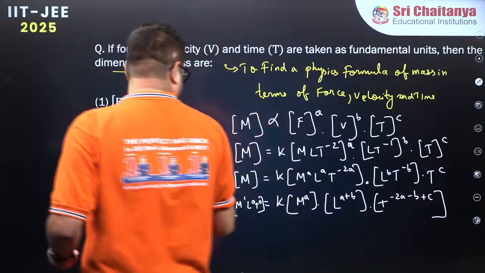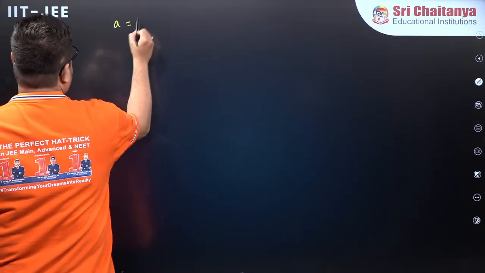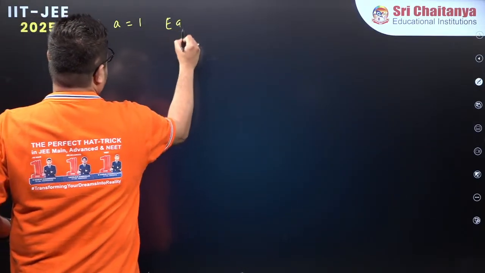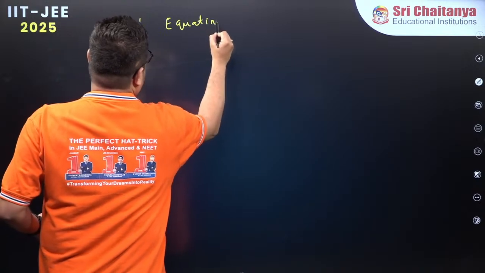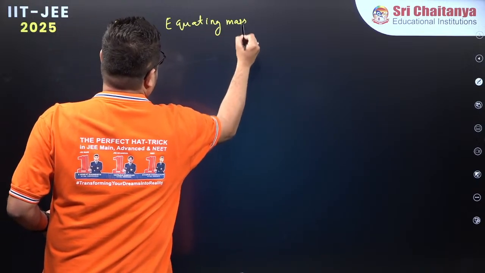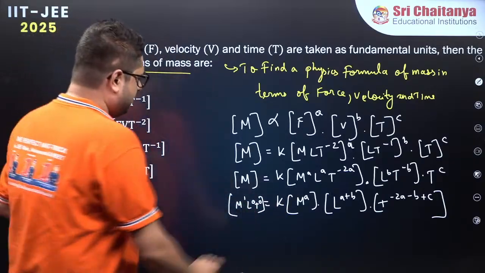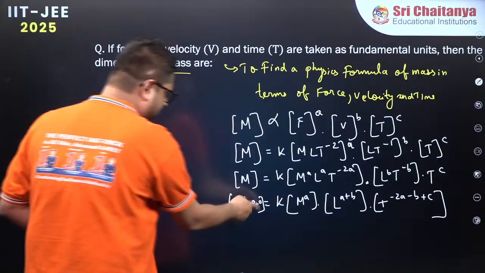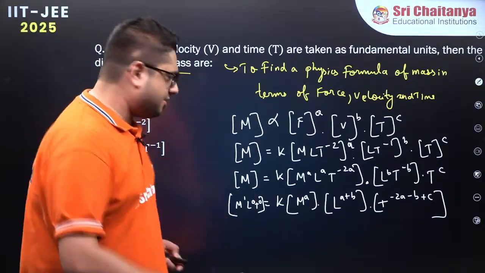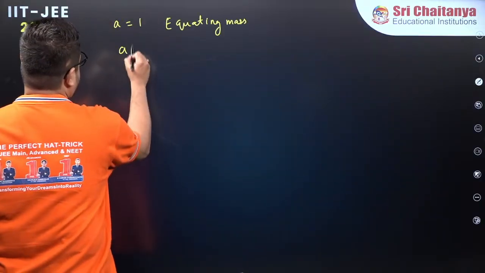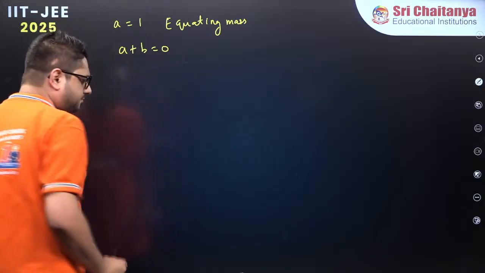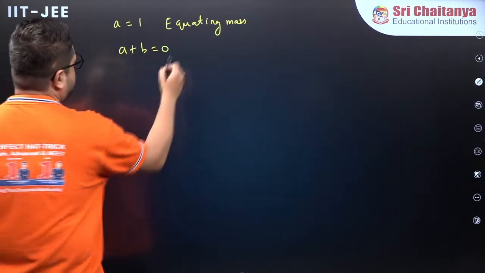The first equation, you can see that A is equal to 1. If I equate mass terms on LHS and RHS, I will be getting A is equal to 1. I hope it's clear. Similarly, we do not have any dimension associated with length on the LHS. So what I will be getting is A plus B equivalent to 0. I hope everyone's getting A plus B is equal to 0.